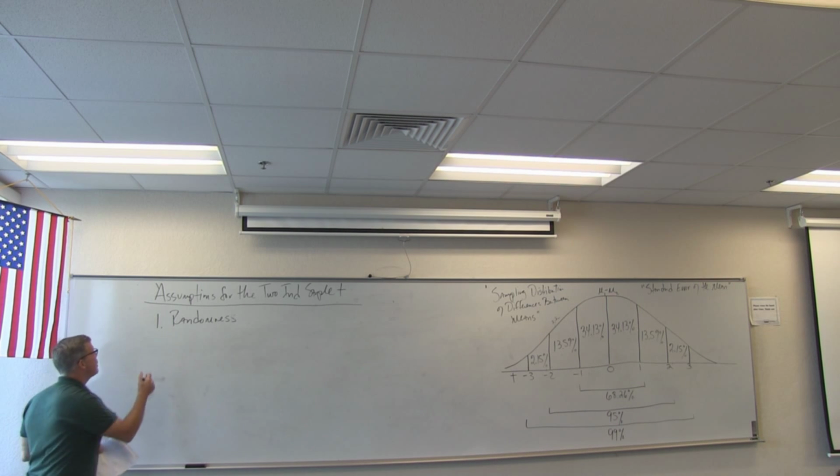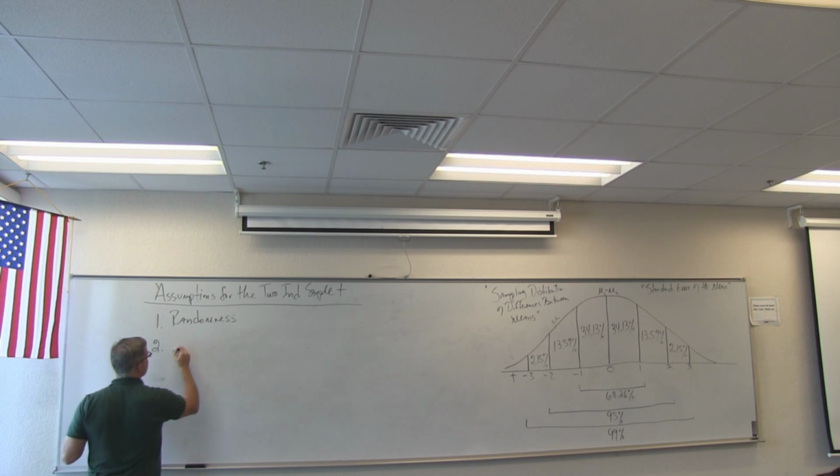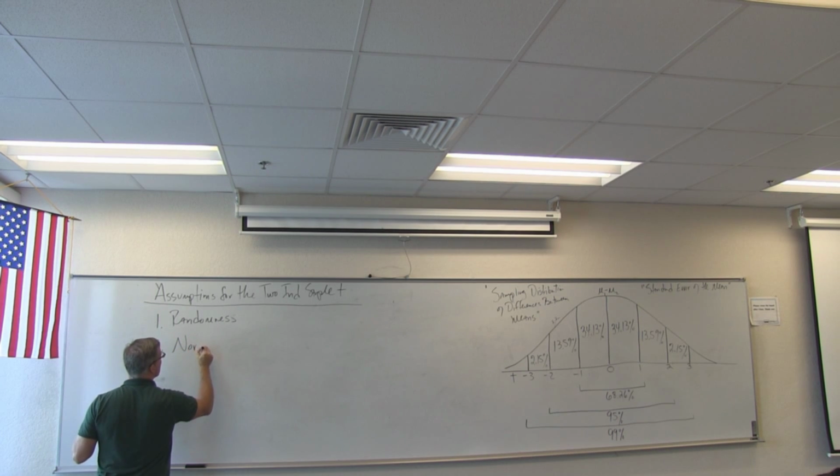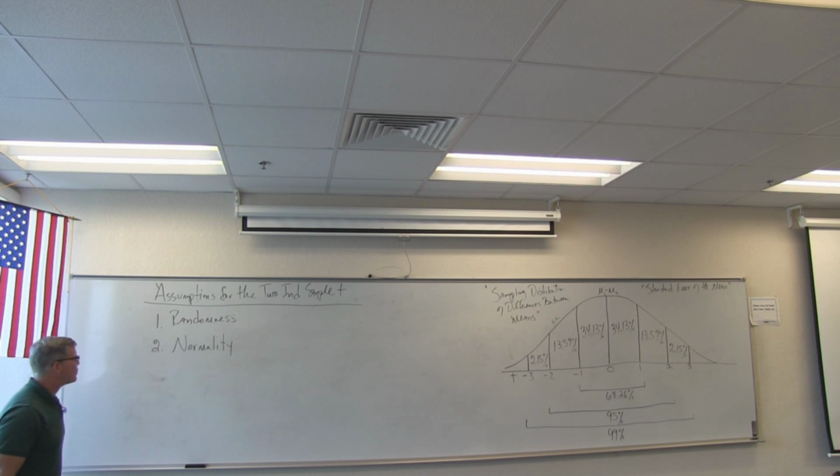Our second assumption for the two independent sample t-test we call the normality assumption. Now different textbooks will actually define this different ways. One textbook will say the frequency distributions of both our samples are normally distributed.